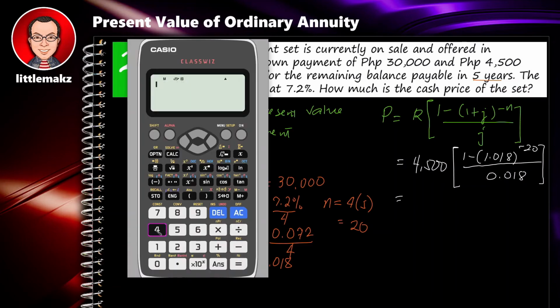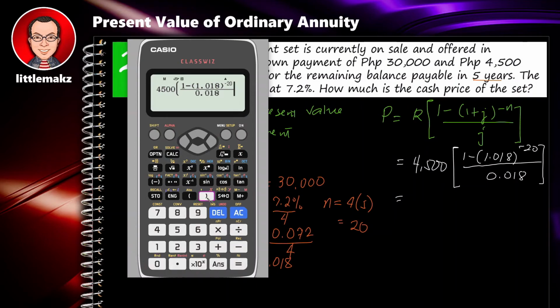So here I am going to input all the information that is given. I could simply multiply this with the entire expression, 1 minus the quantity 1 plus 0.018, raised to the negative 20 power, all over 0.018.